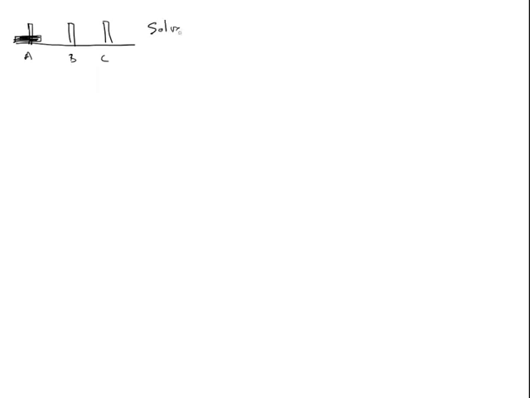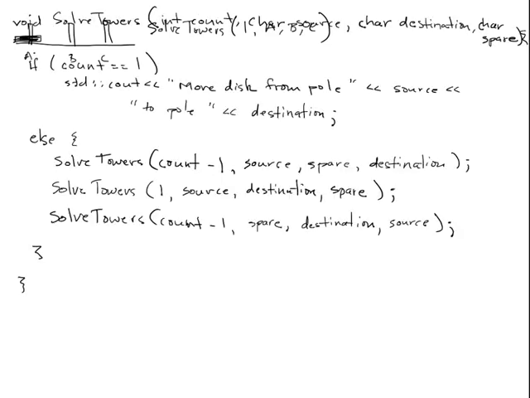So our initial call is solve towers, and it's count of 1, A, B, and C. Okay, so the message we're going to get is move disk from pole A to pole B. Perfect. Let's make sure our code says that. Our code says move disk from pole A, our source, to pole B, our destination. And that's in fact what happens. Our count is 1.